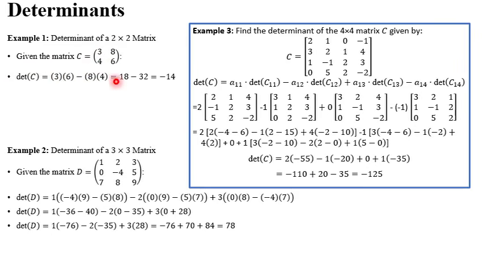So 3 times 6 is 18, 8 times 4 is 32, so 18 minus 32 gives us minus 14.